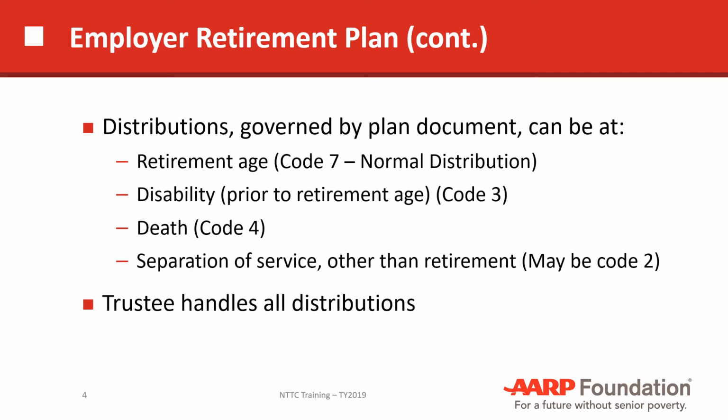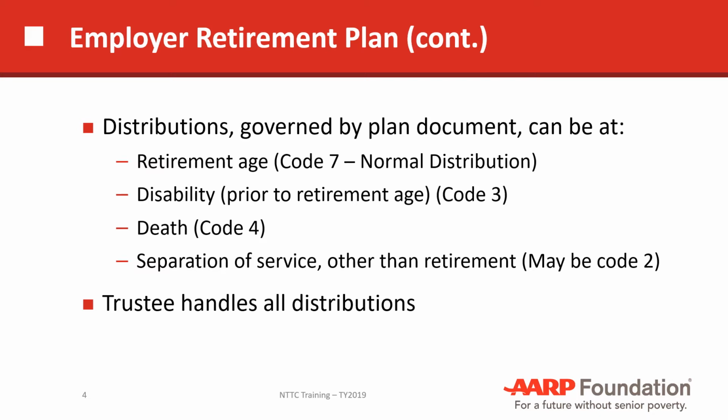You'd see a code 3 for disability, and you would see a code 4 for a death benefit. We see quite a few of those. Separation of service is another possibility that you might see, a code 2. I have not myself seen very many code 2s, if at all, so those are fairly rare.